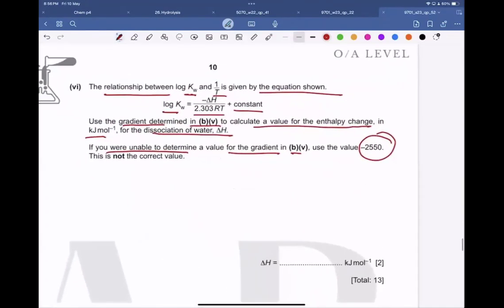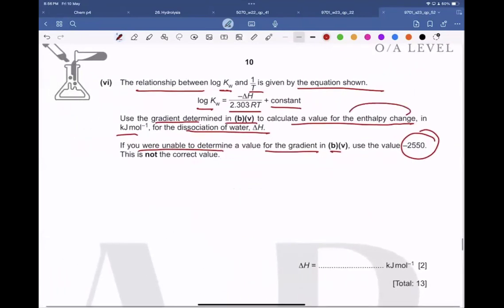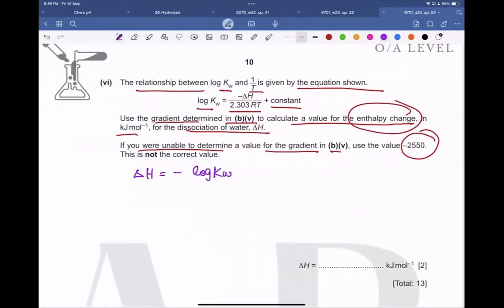So they are asking you to calculate the value of enthalpy change. We just ignore the constant. So delta H is going to be minus log Kw over T, then 2.303 times R. So this becomes the gradient.